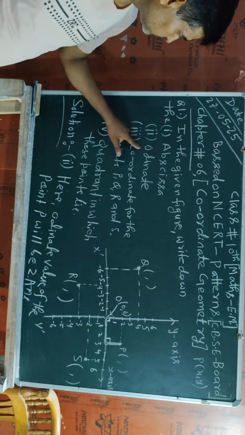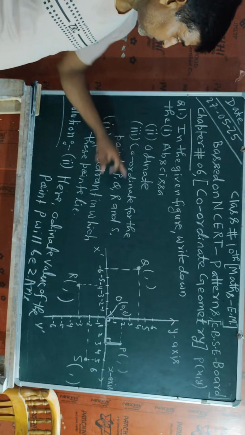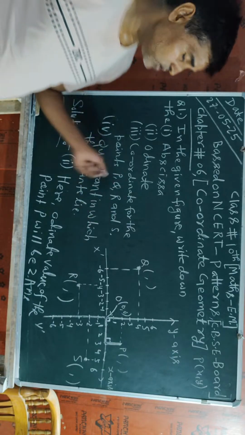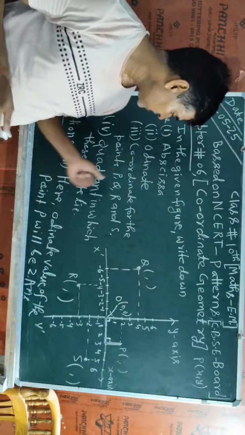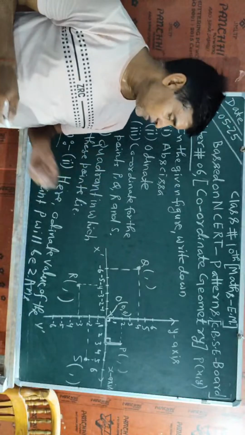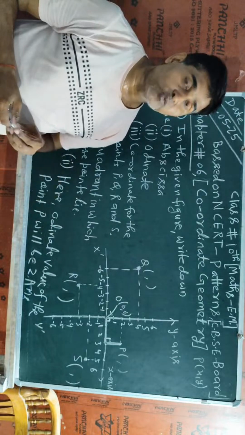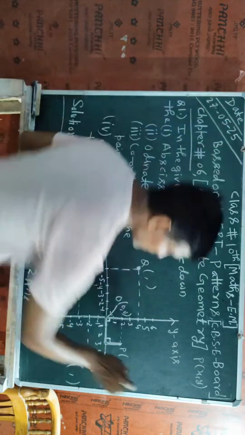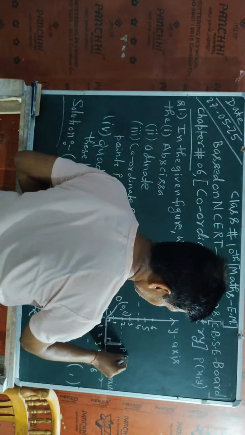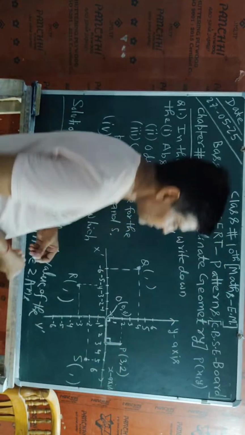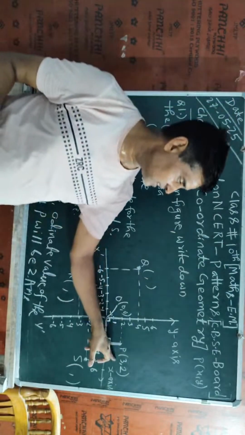What is the coordinate for the points P, Q, R and S? Here I am explaining about the point P. Therefore, I will write the coordinate of the point P. So the coordinate of the point P will be, because here I have got abscissa 3 and ordinate value 2, so point P has coordinate 3, 2.